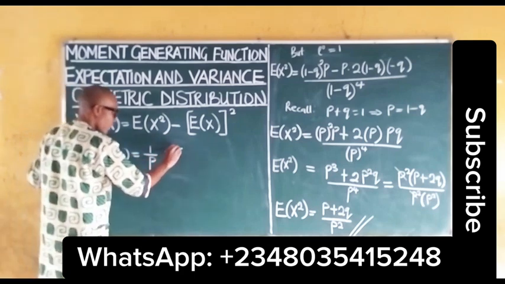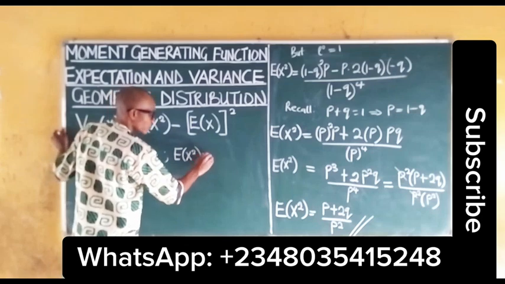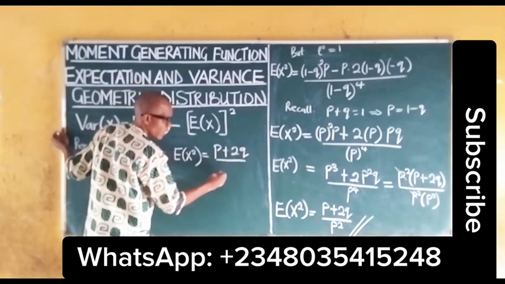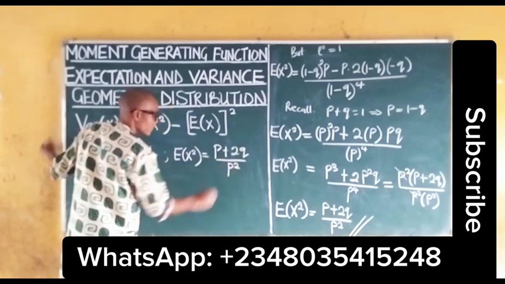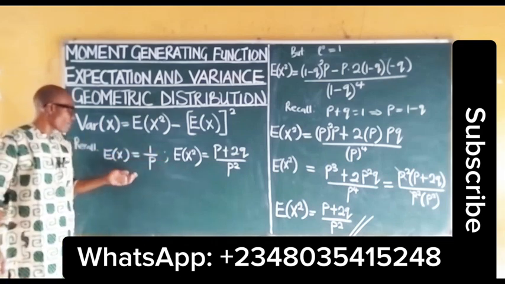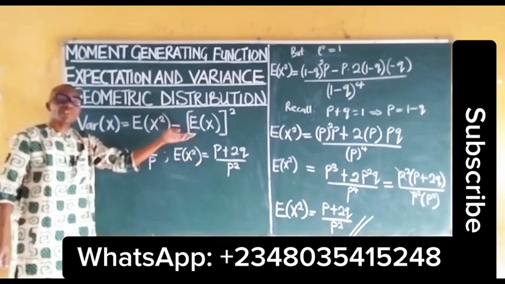We also have our expected value of x squared is equal to what we got there, p plus 2q all over p squared. So to obtain our variance is just to substitute what we have for the expected value of x and the expected value of x squared into the variance.